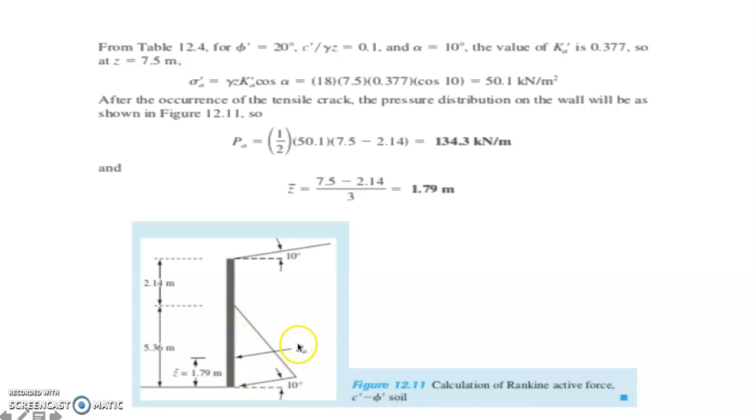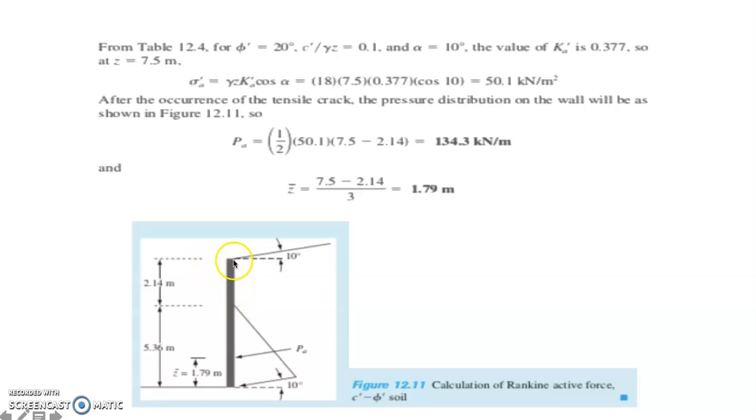After the tensile crack, we're going to compute our total force per unit length of the wall, which is P A. You simply have to get the area of this. So this is 1/2 times 50.1, which is the active pressure, times the height, which is 7.5 minus the tensile crack, 2.14.